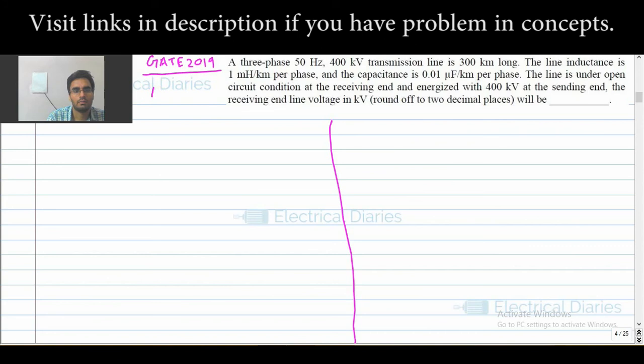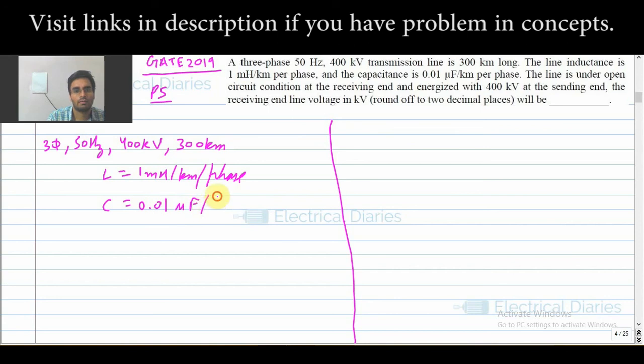GATE 2019. A 3-phase, 50 hertz, 400 kV power system, 300 kilometer long line. The line inductance is 1 millihenry per kilometer per phase, and C is 0.01 microfarad per kilometer per phase.